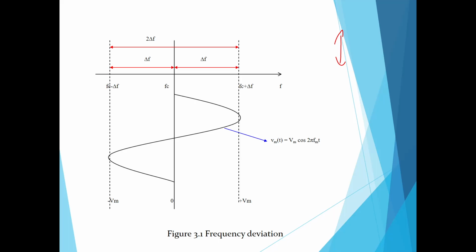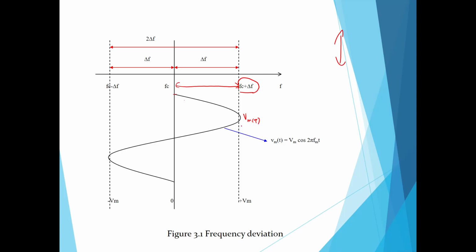So how does the wave look like? The carrier frequency will move from Fc to Fc plus delta f, the maximum frequency, when the amplitude of the input moves from 0 until the maximum peak amplitude, Vm peak.